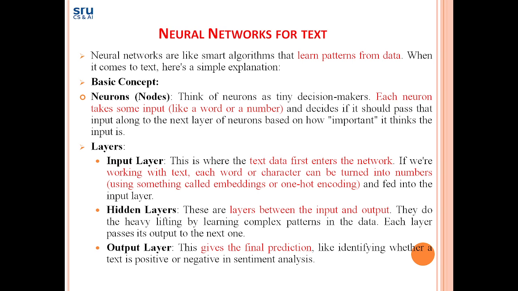Input layer: text data first enters the network. If we are working with text data, each word or character can be turned into a number. A neural network cannot understand text directly, therefore it should be converted into numbers. How is it possible? With the help of embedding or one-hot encoding.